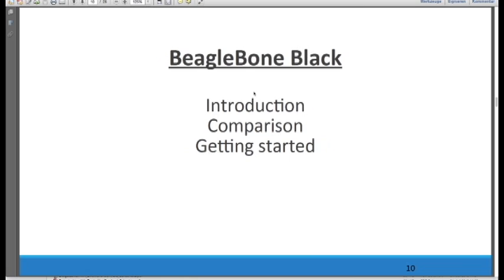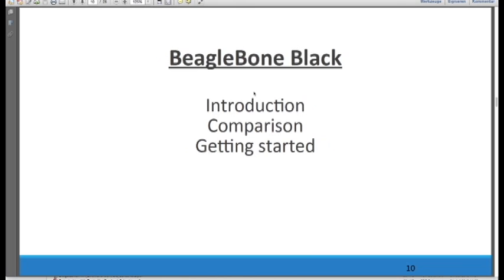So we focus on the BeagleBone Black, all the Beagle boards and all the stuff which is coming to it, because you have possibilities. You can decide whether you're more like a web person and program in JavaScript or PHP or Python or C++.